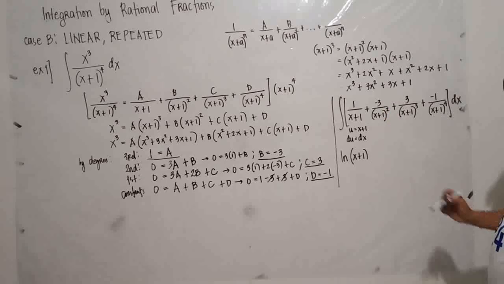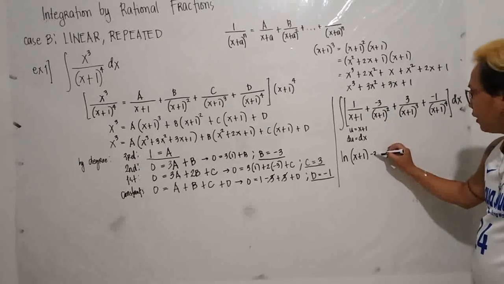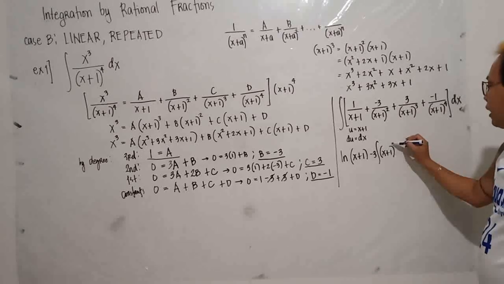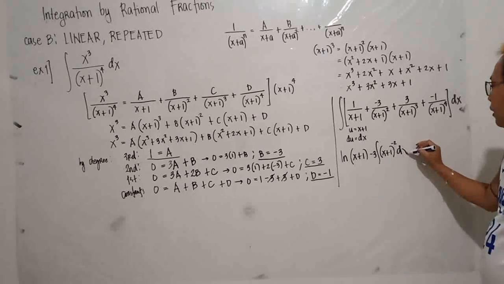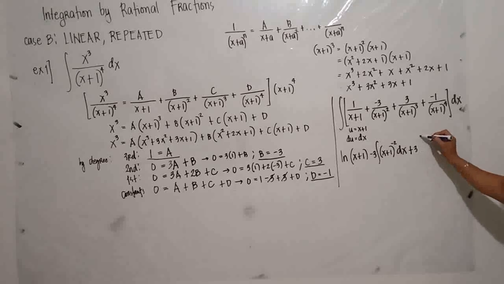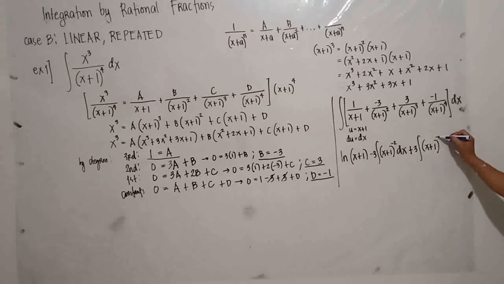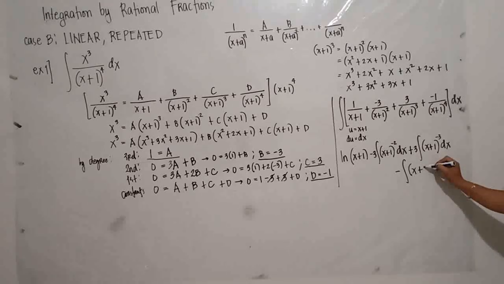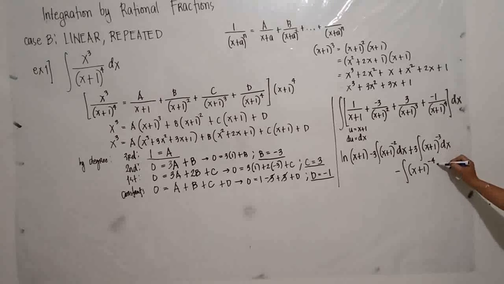Then pagdating dito, you will now have minus 3 integral of x plus 1 raised to negative 2 dx. Then, third term is plus 3 integral of x plus 1 raised to negative 3 dx. Then, for the final term, you will have minus integral of x plus 1 raised to negative 4 dx.